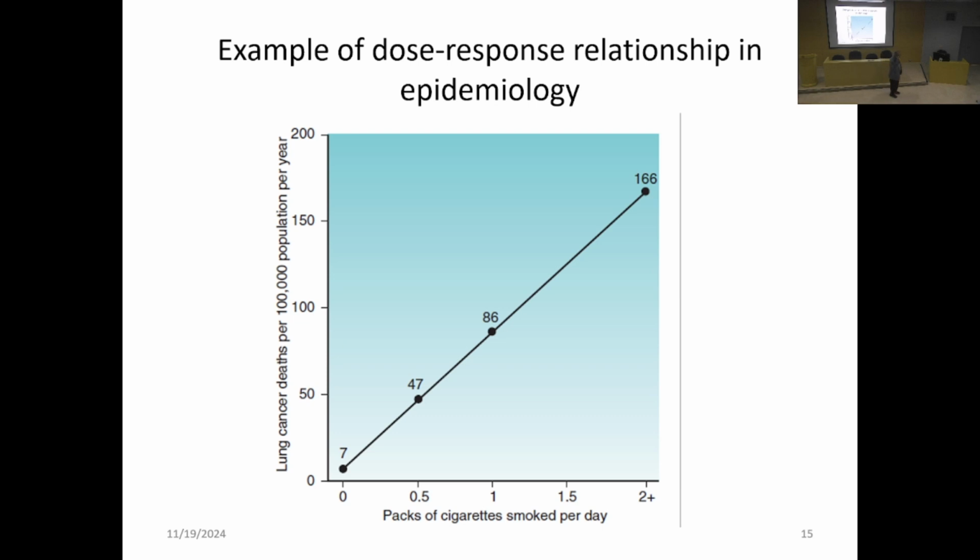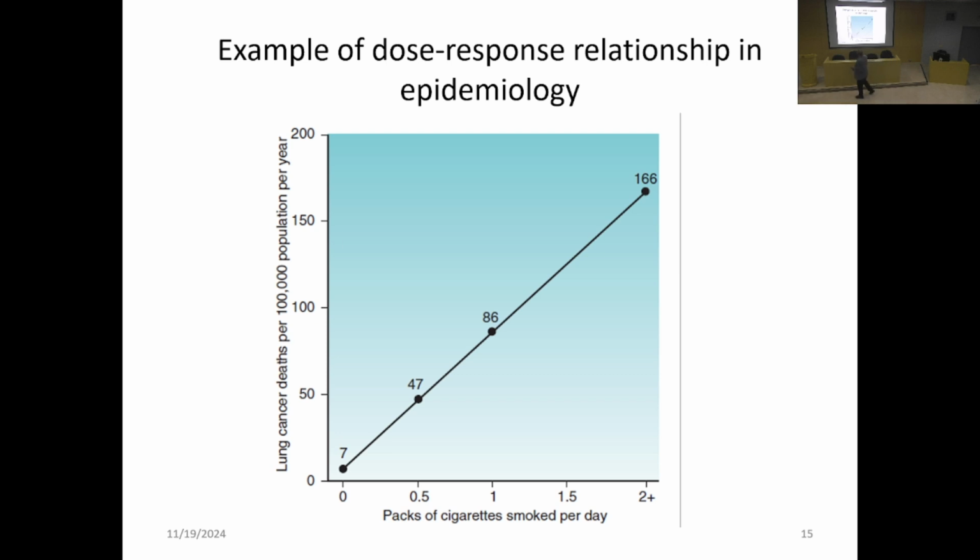This is measured particularly when we try to demonstrate the causal relationship between smoking and lung cancer. The more pack-years of smoking increase, the more the risk of lung cancer increases. This is exactly this graph.